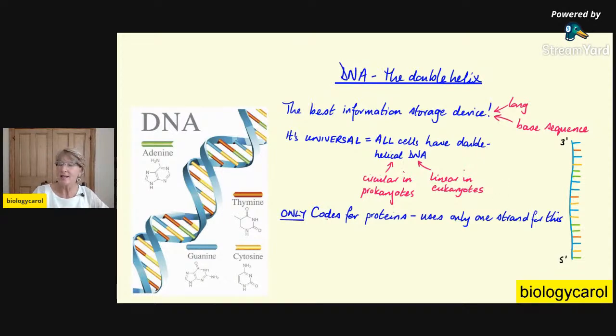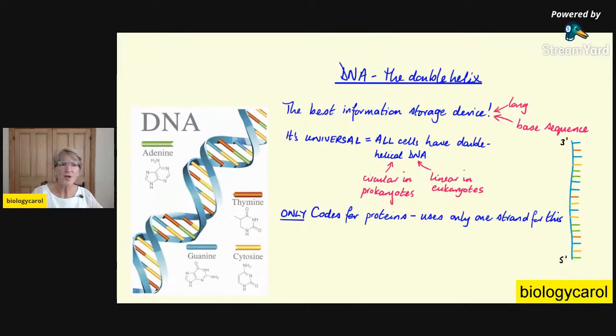But the DNA only codes for proteins. And I remember learning this when I was your age and kind of wondering, then where do all the other molecules that make up an organism's body come from? You know from your biomolecules chapter, way back at the start of AS, that organisms are made up of carbohydrates, proteins and lipids, or any combinations of them.